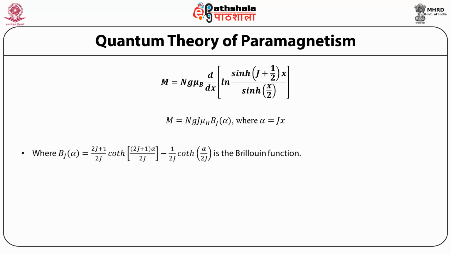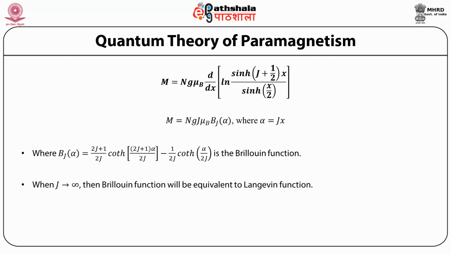This BJ(α) comes out to be (2J+1)/2J coth((2J+1)α/2J) minus (1/2J) coth(α/2J), and this BJ is known as the Brillouin function. When J approaches infinity, the Brillouin function is equivalent to the Langevin function.